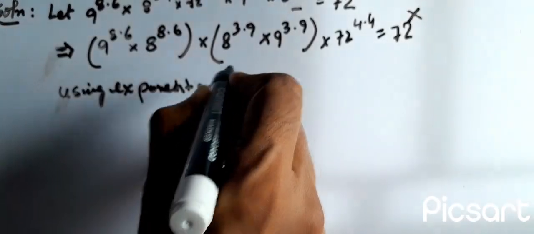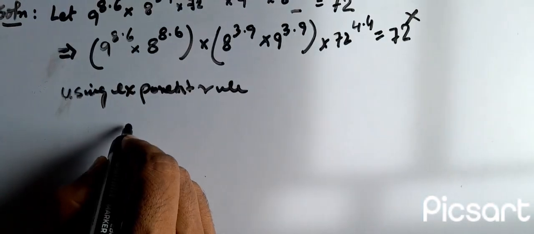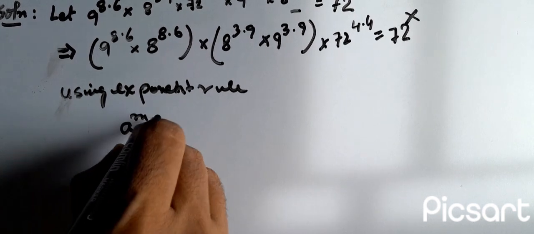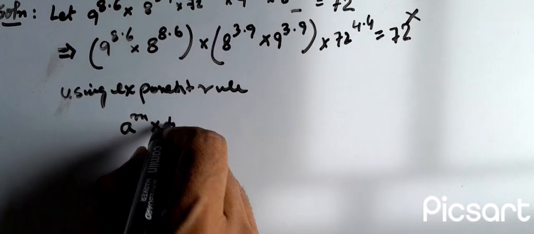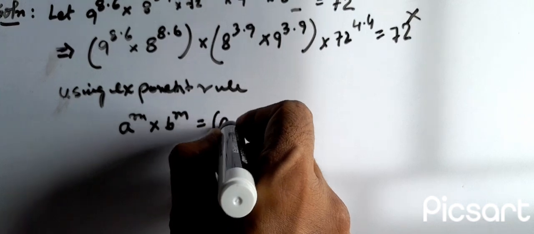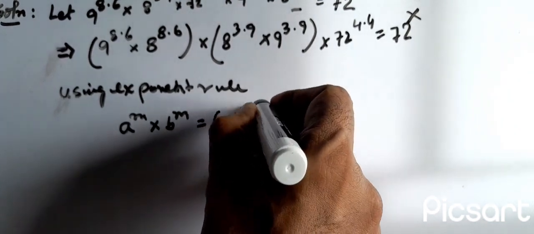Now using exponent rule, a to the power m into b to the power m, we can write ab whole to the power m.